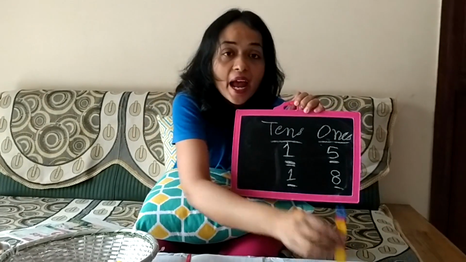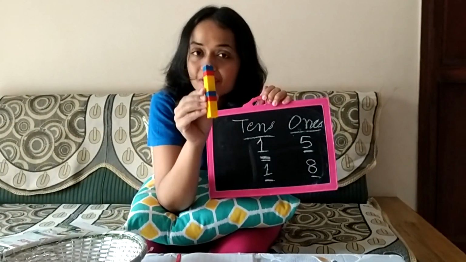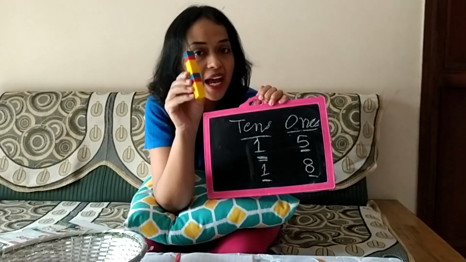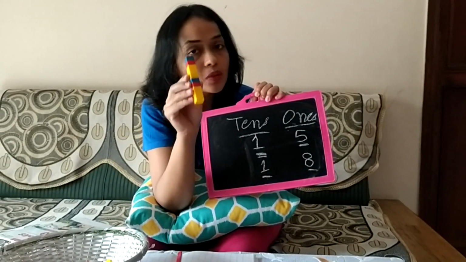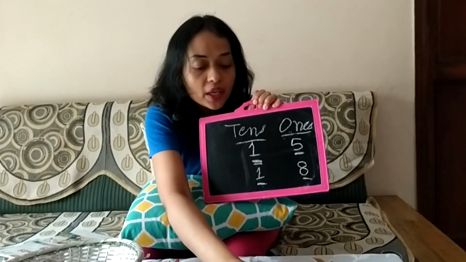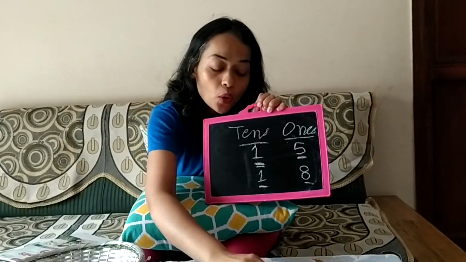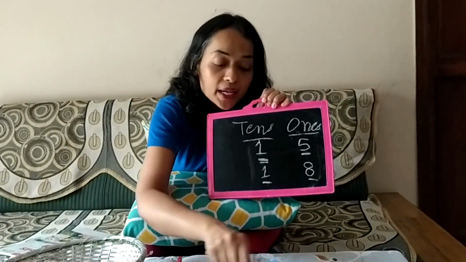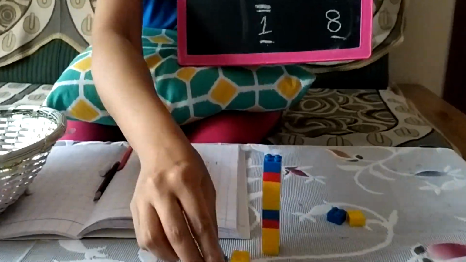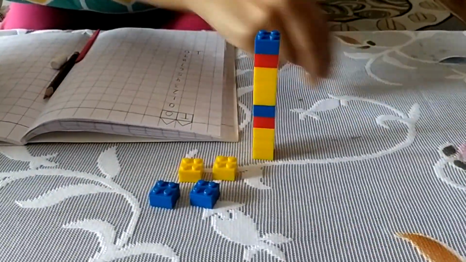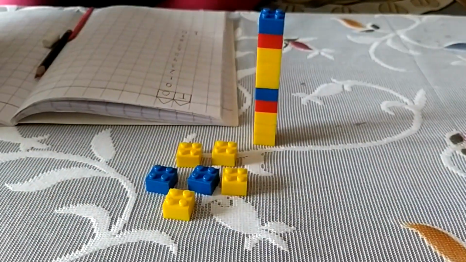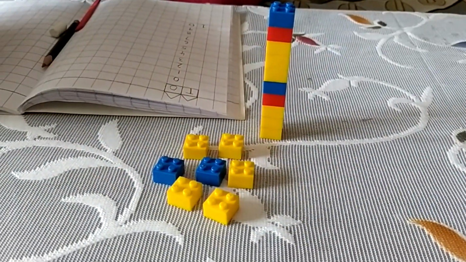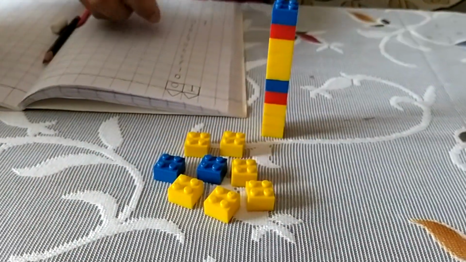So here I have this tower which has 10 blocks. I know this is 10, this is 1 ten, okay? So this is 1 ten, that is 10, and I need 8 more. So 1, 2, 3, 4, 5, 6, 7 and 8, right?